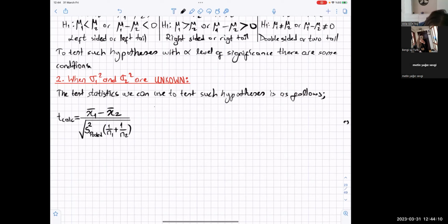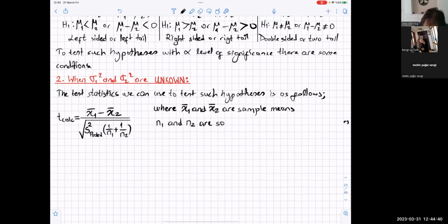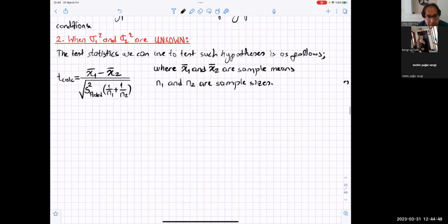So that's the test statistic we'll be using for testing such hypotheses. x1 bar and x2 bar are sample means, n1 and n2 are sample sizes, and we need to define what the pooled variance is.